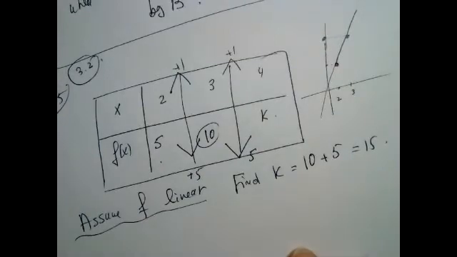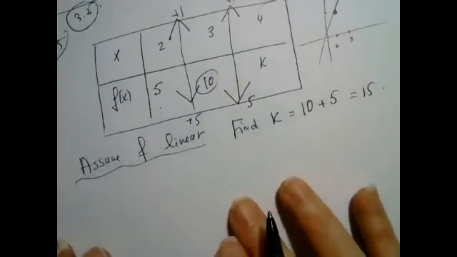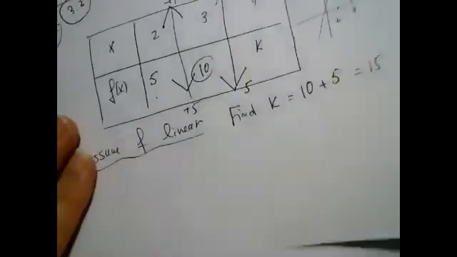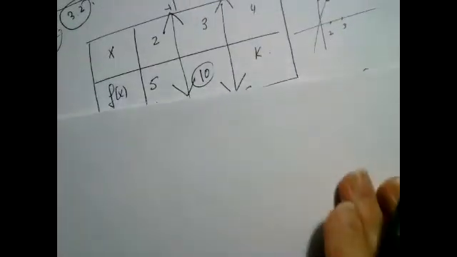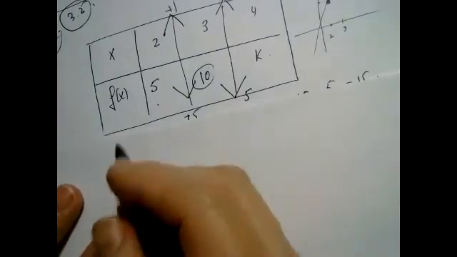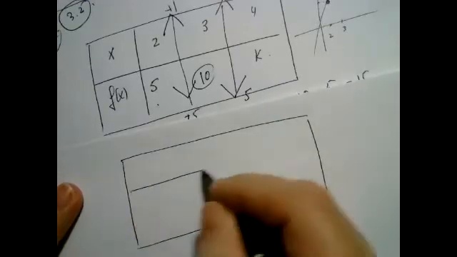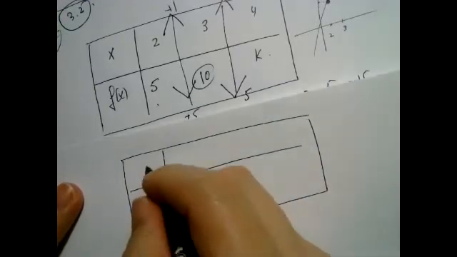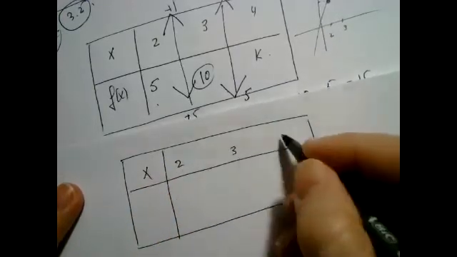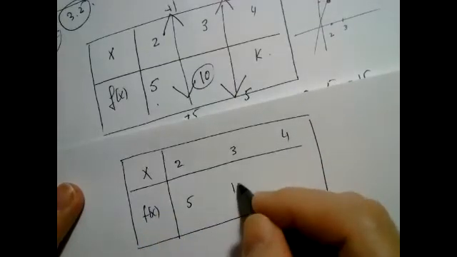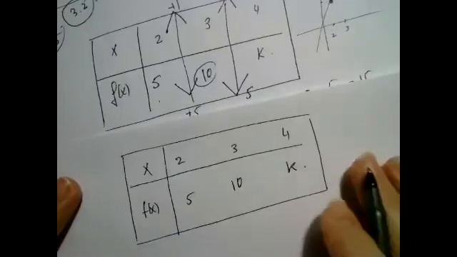Okay, now exponential. So let's assume f is exponential. So I'm going to draw the picture again and tell me what to do. So the same picture means the same data, but then everything now it's going to change. X is 2, 3, 4. F is 5, 10, and k.